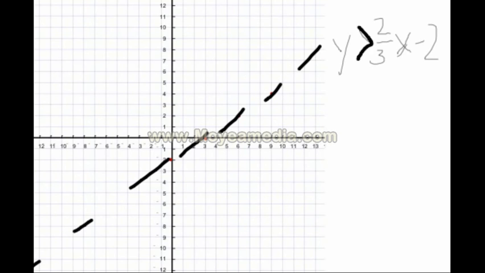If we look at, for instance, x is 6, y is 2, right there, and I want to be greater than, so I'm going to be something above 2, which would be 3, and that would mean that I would want to highlight everything above.